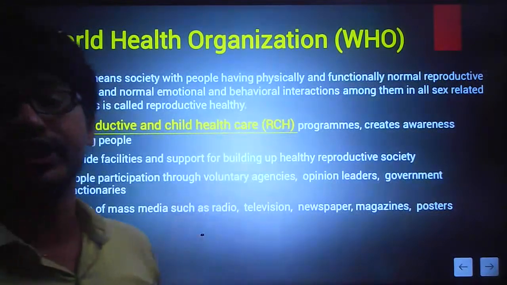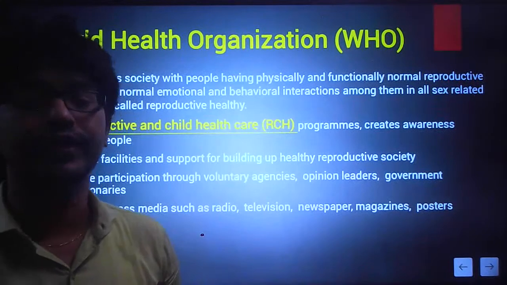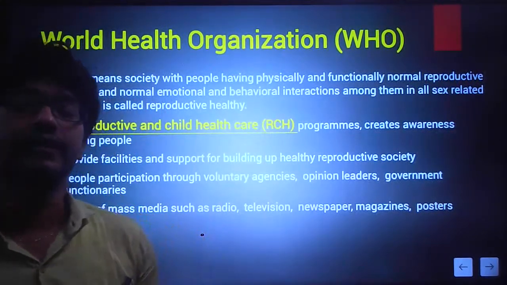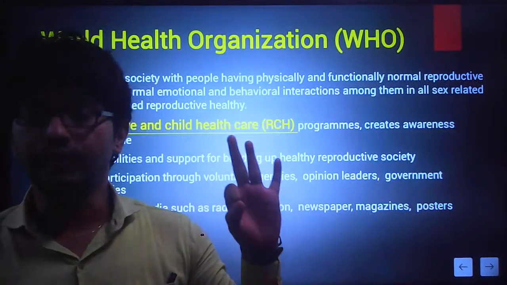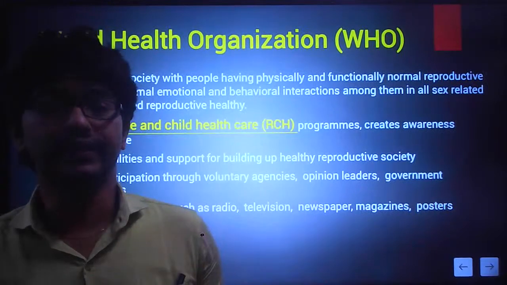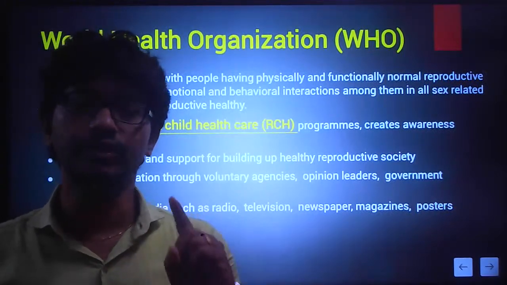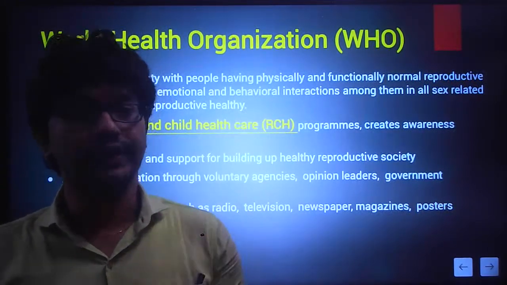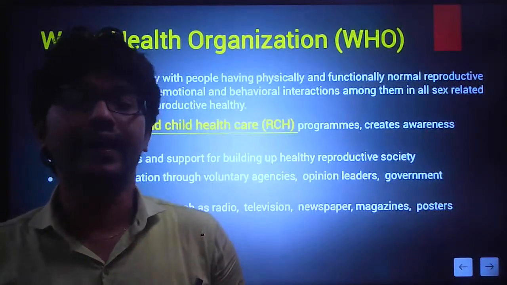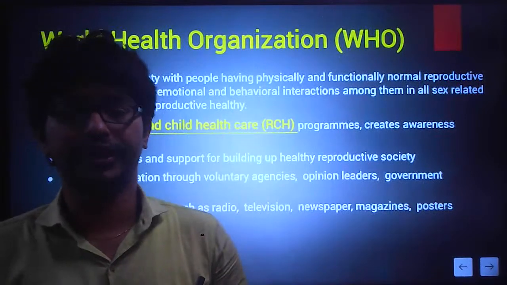In this particular chapter, reproductive health, you may get two to three questions. One definite question you get is from IUDs, intrauterine devices. Another question you get from ART, assisted reproductive technologies.